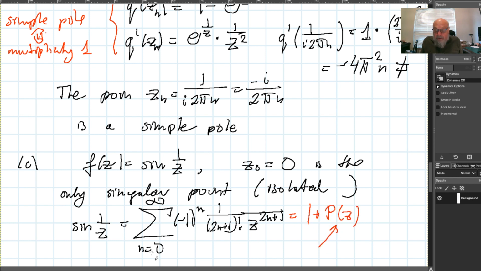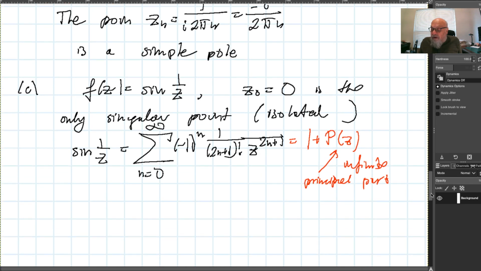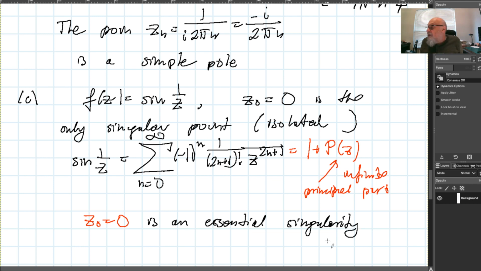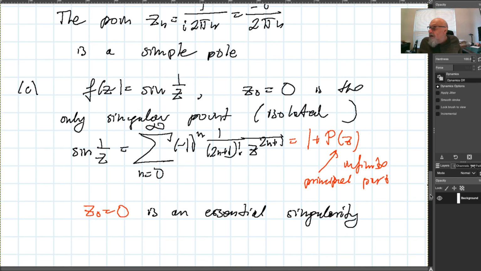The principal part starts with n equal to 0, so this is an infinite principal part, which means nothing else than that z0 equal to 0 is an essential singularity. It is an essential singularity.